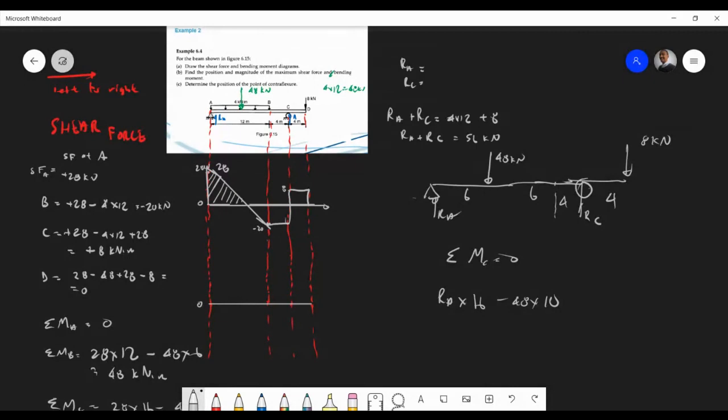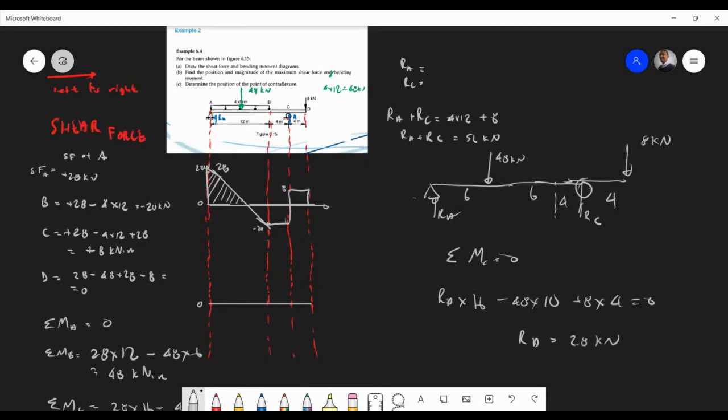And then at C we also have the 8 kilonewton on the other side. So that's 8, going clockwise, 8 times 4, and that equals 0. Then we can solve for R. Are you happy with that? You understand that? Yeah, so that's basically 48 times 10 minus 32 divided by 16. And you should get 28 kilonewtons.